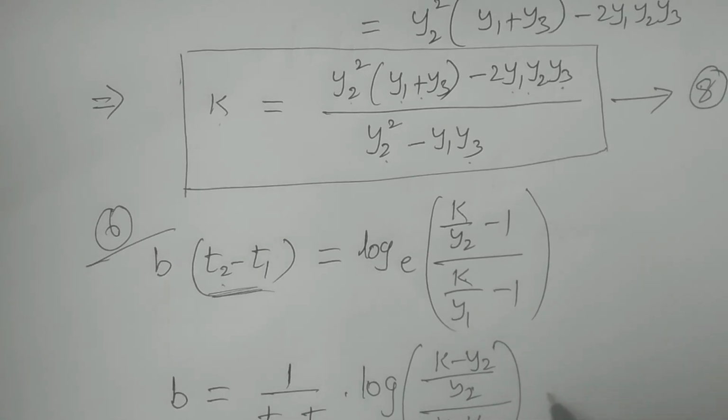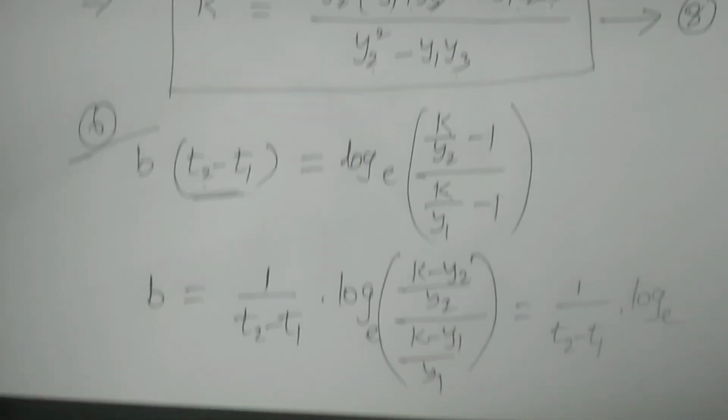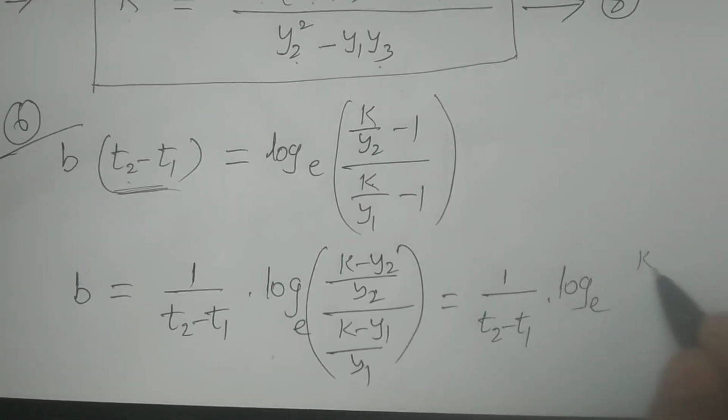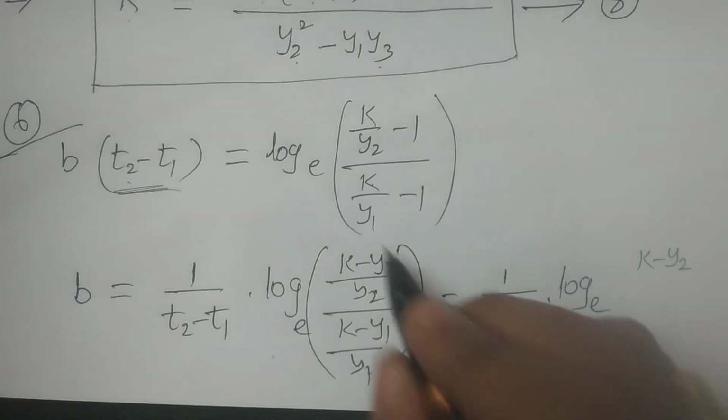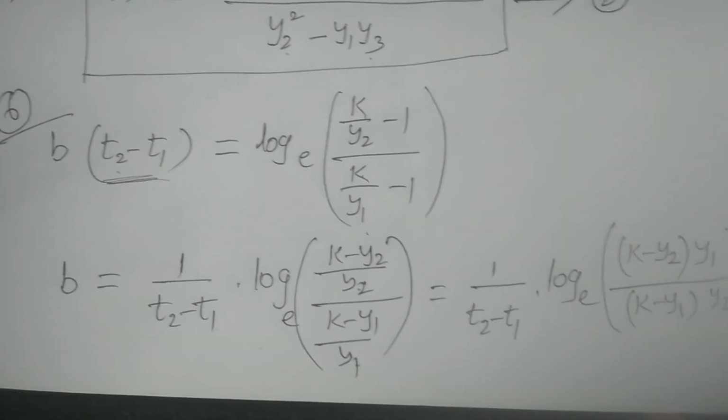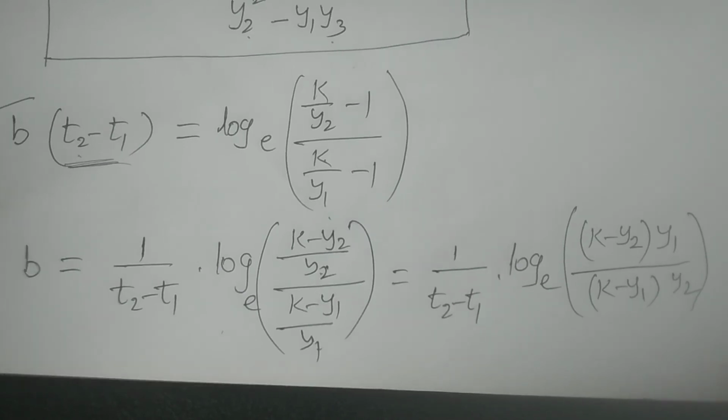So it is 1 by (t2 minus t1) into log to the base e of (k minus y2) into y1 divided by (k minus y1) into y2. So this is the value of b. Is it clear?